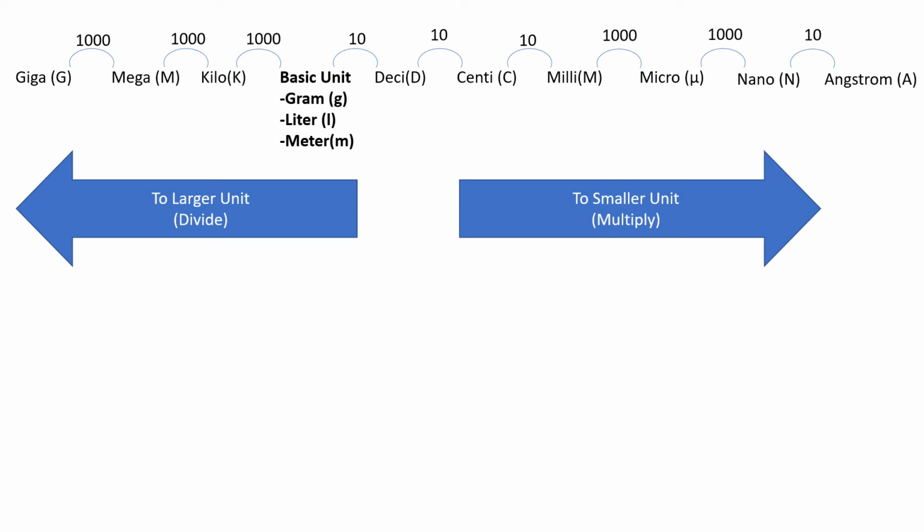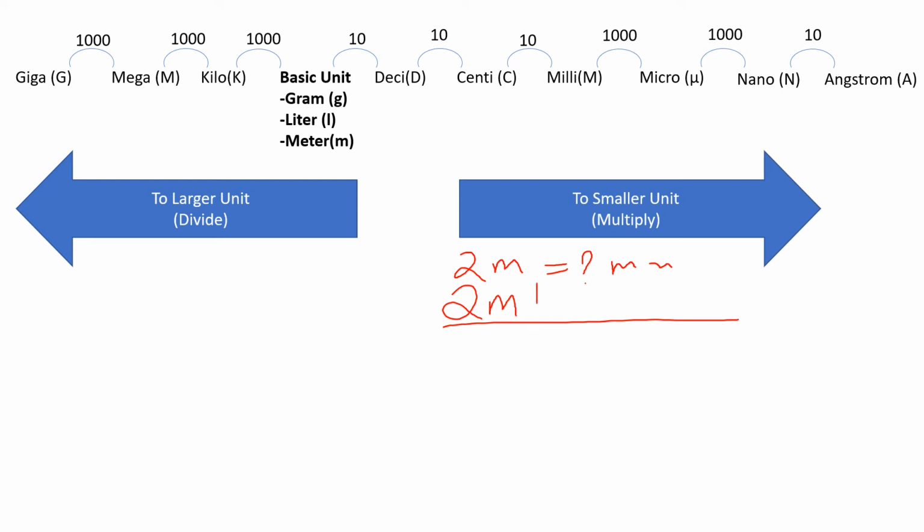So let's say that I want to convert 2 meters to millimeters. Okay, so I want to go from 2 meters, and I want to figure out how much is that going to give me in millimeters. So I'm going to say 2 meters.